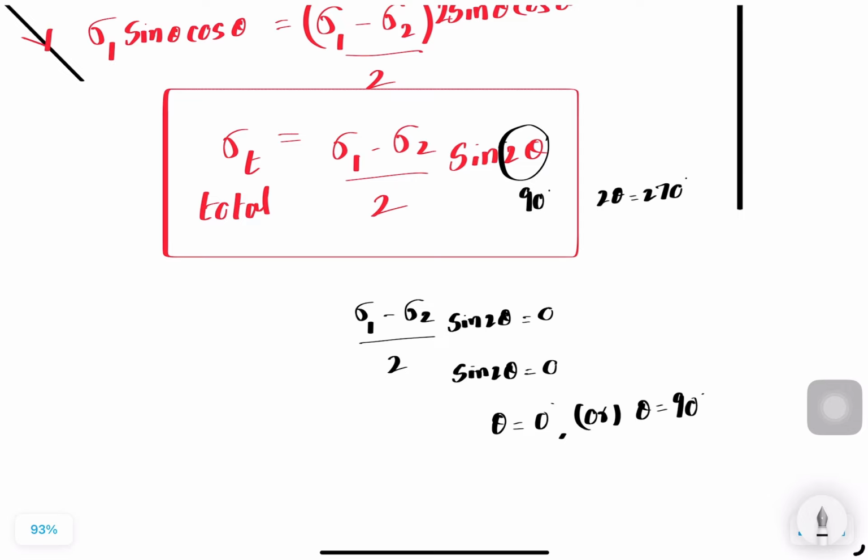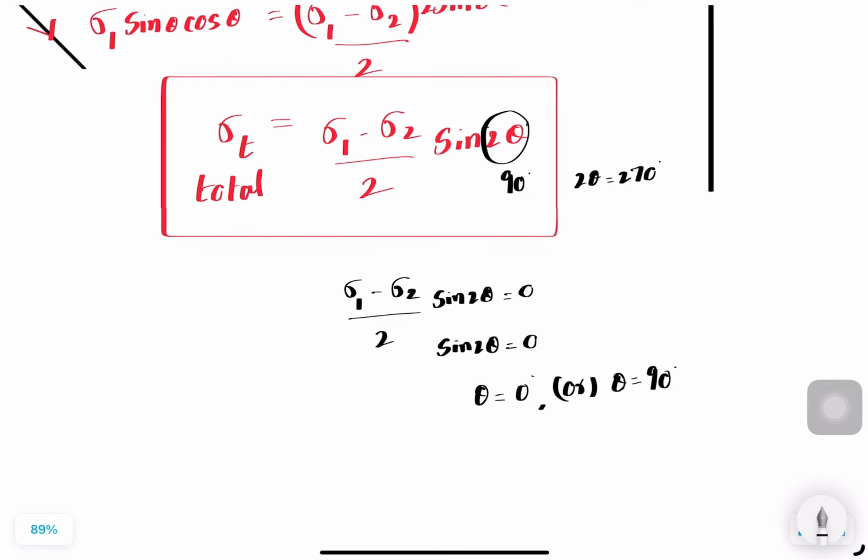On these two angles, the value of the shear stress becomes maximum, right? So the angle at which it becomes maximum, 2 theta is 90 degree or 2 theta is 270 degree. At these two angles, it becomes maximum.